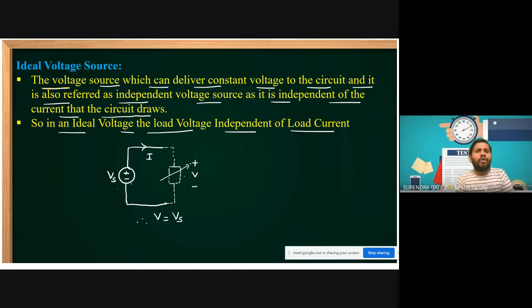Then we can vary the load. We can increase or decrease the current, that is no problem. Always V equals Vs. Then this type of source is treated as an ideal voltage source.